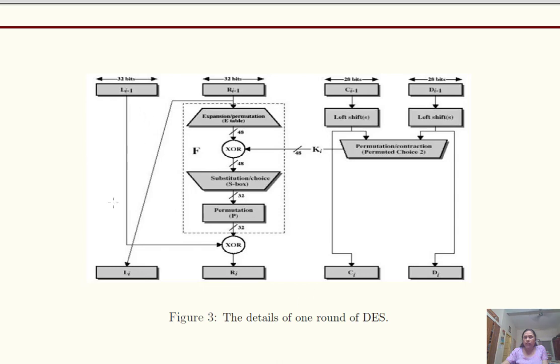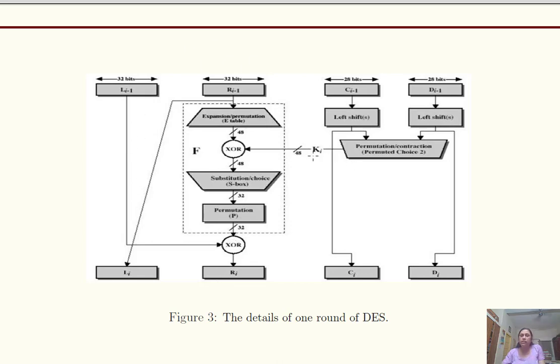You XOR Li minus 1 with this f function. This f function takes Ri minus 1 and the round key Ki as its input. Ki is 48-bit and Ri minus 1 is 32-bit. It calculates f of Ri minus 1, Ki and produces whatever it produces, that is XORed with Li minus 1. This is your Feistel structure.